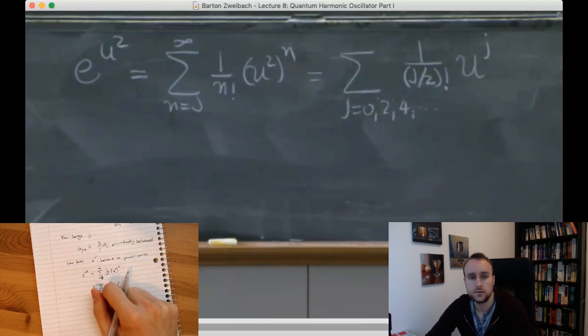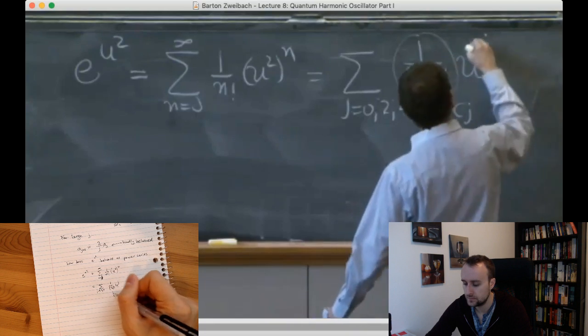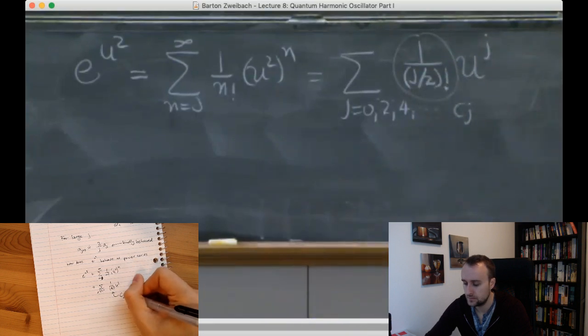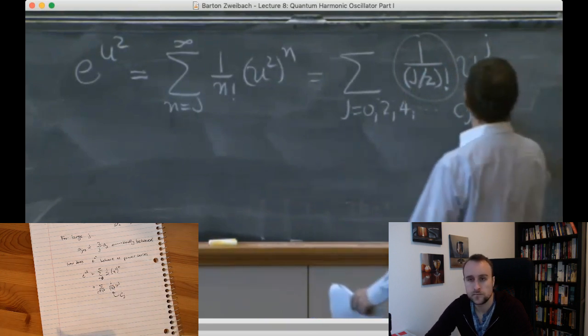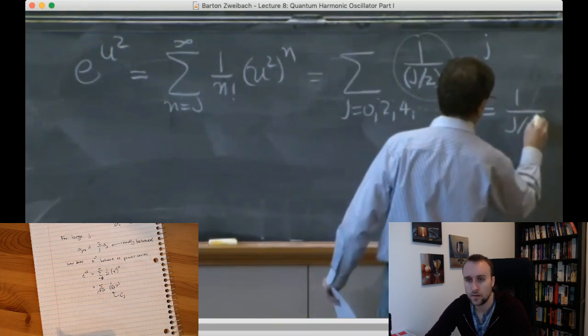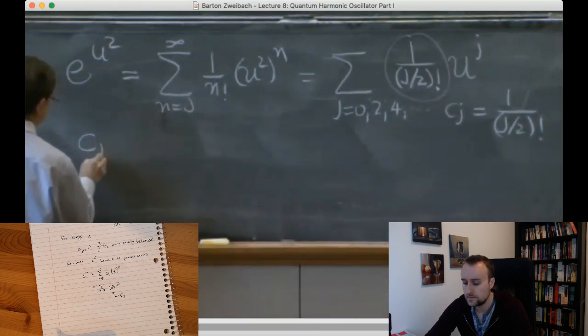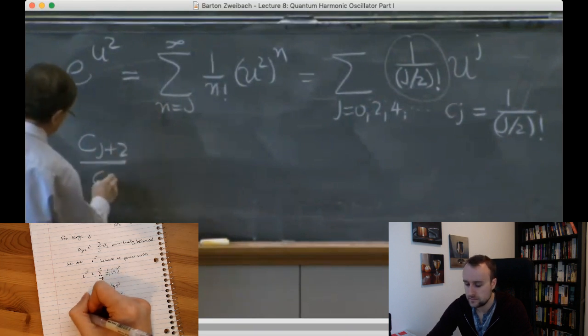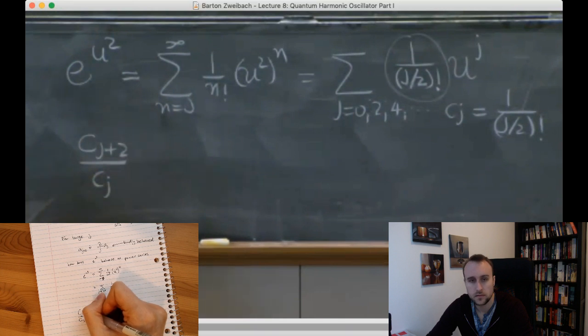Now, this is the coefficient Cj times u to the j. And let's see how these coefficients vary. So this Cj is 1 over j over 2 factorial. What is Cj plus 2 over Cj, which is the analog of this thing?